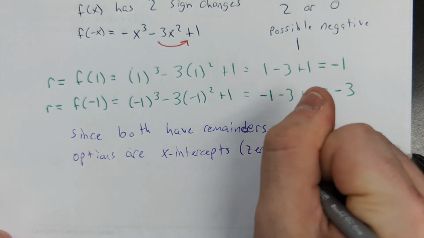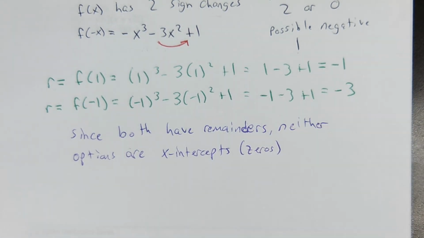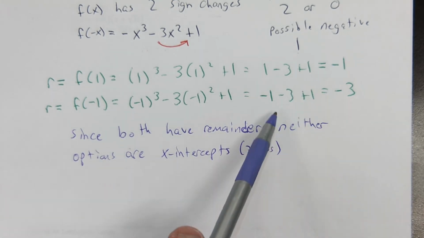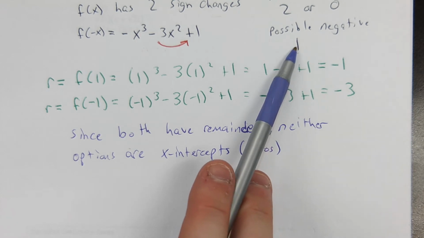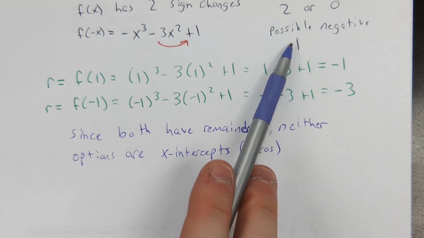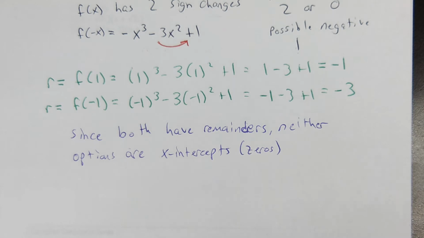I'll put in parentheses zeros. So what does that tell us? Even though we know that this cubic has to cross the x-axis, and we know it crosses the x-axis at least one time on the negative axis, it doesn't have any rational zeros. That means the places where it crosses the x-axis are irrational.